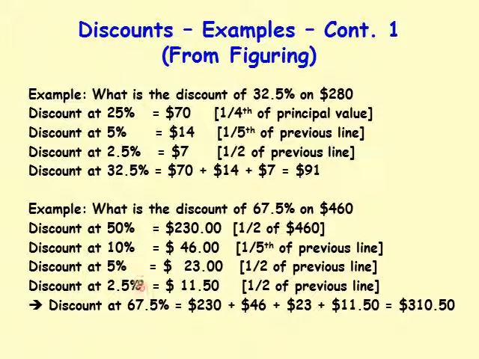Or you can do 50 plus 12.5 and plus 5, because 12.5% is 1/4 of the 50% line. So the discount is $310.50, and we did use divide and conquer.